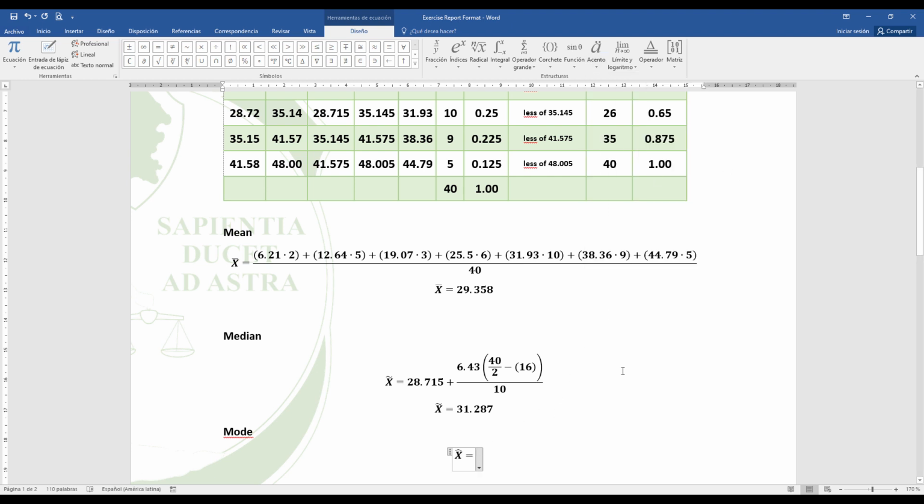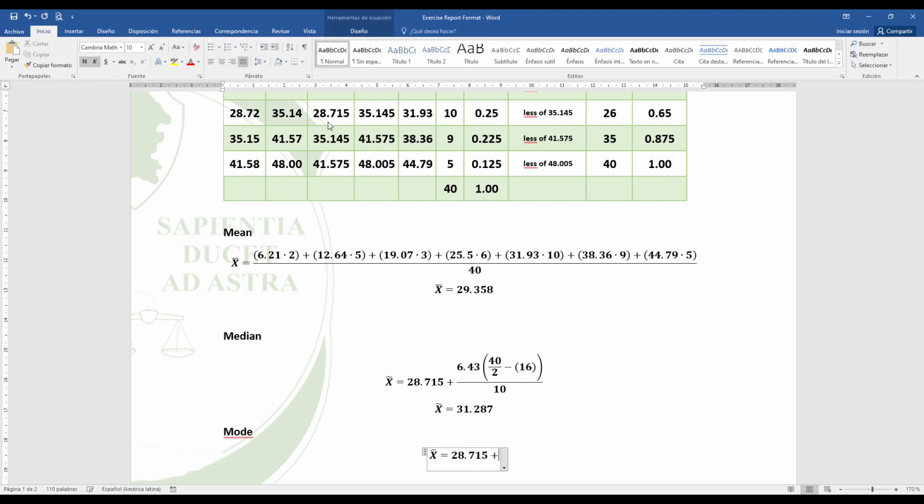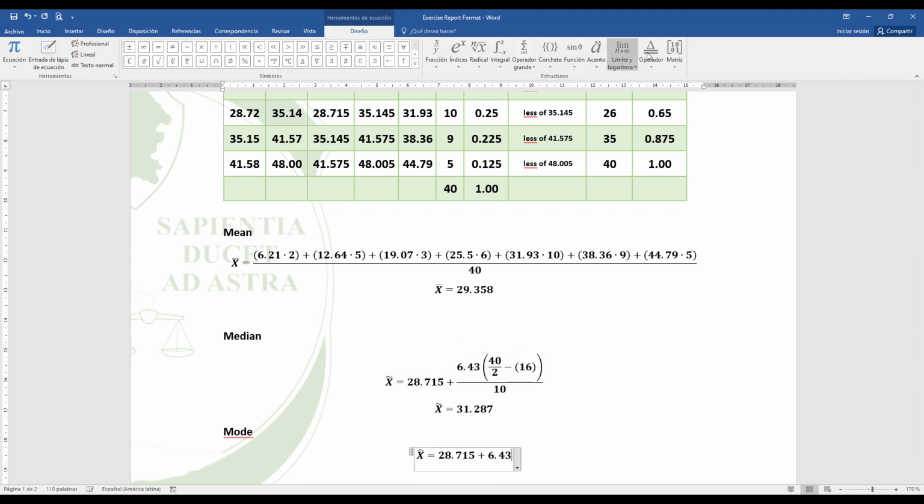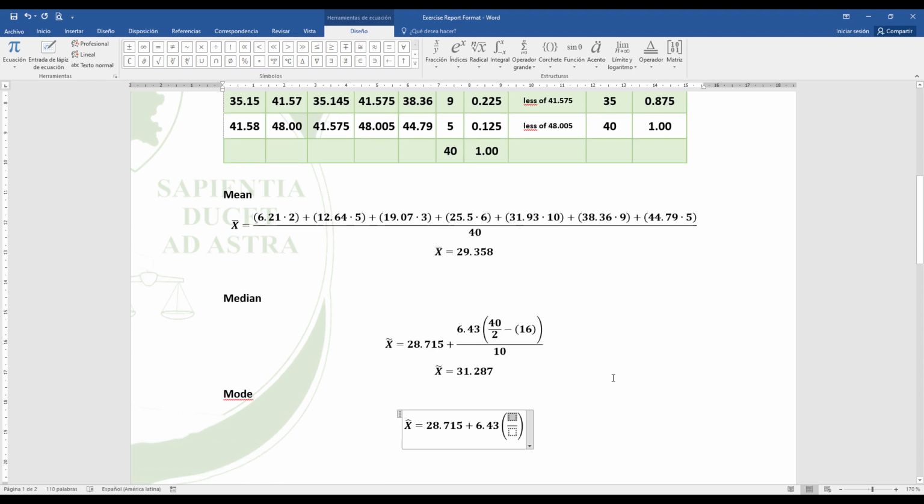it's equal to, again you need to select the lower real limit, 28, plus again the class width, multiplied by a division. You remember the deltas here.